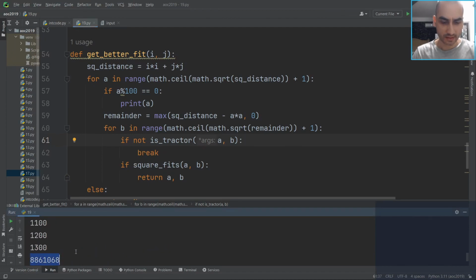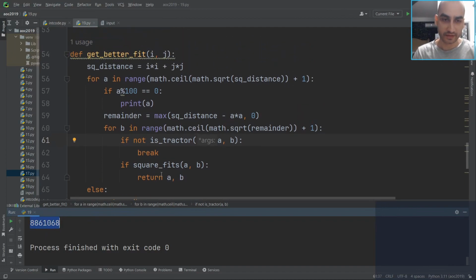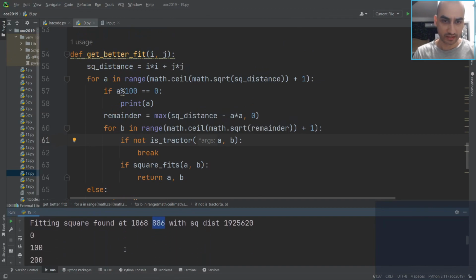8861068. What? 8861068. Isn't that what we tried? What did they say? Was it too high or too low? They said it was too high, so we've found this, and we didn't find anything lower, even though we did before. So this method is not working.